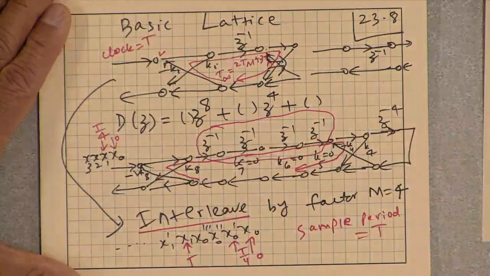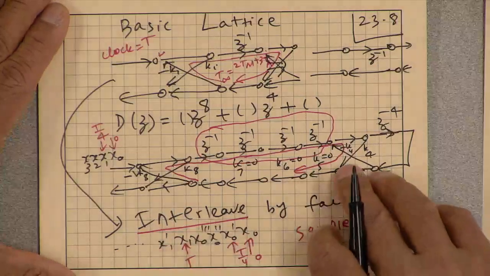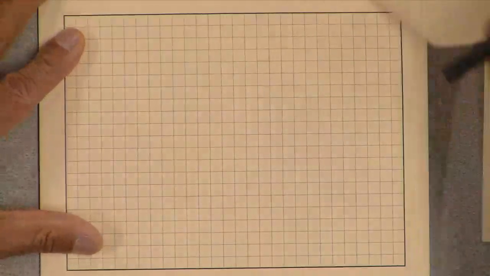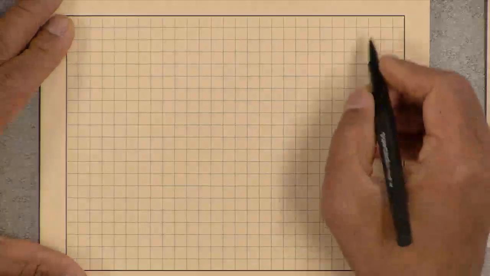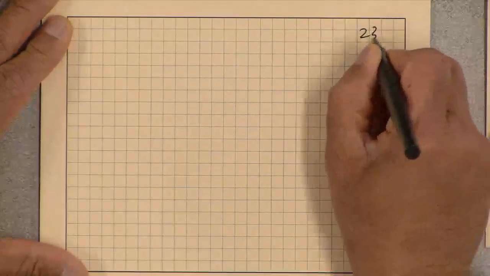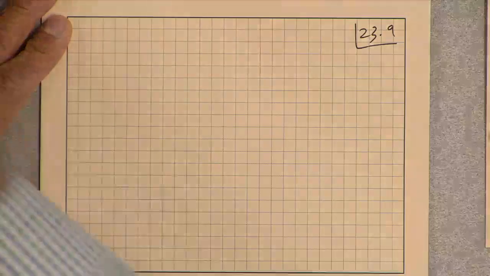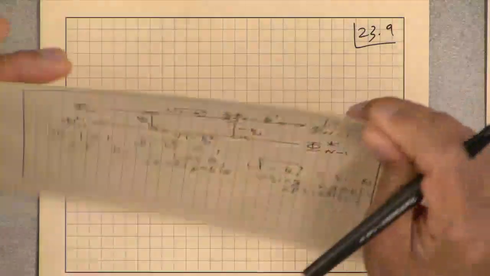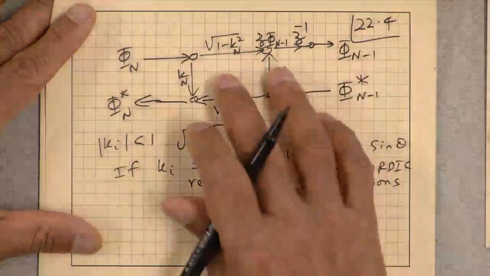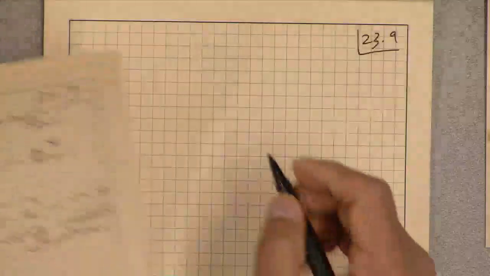Okay, so let's just take a quick look at the other two structures. Let's take a look at the normalized lattice.